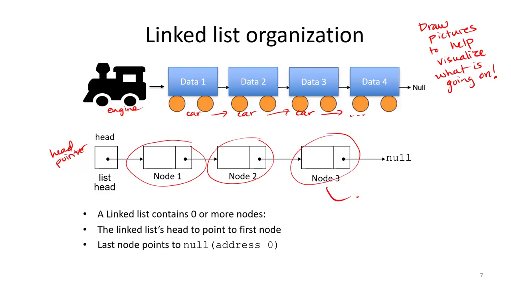So notice, each node of a linked list is a struct or an object, and then of course they are connected by pointers.